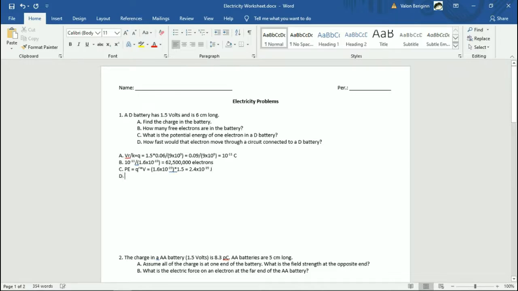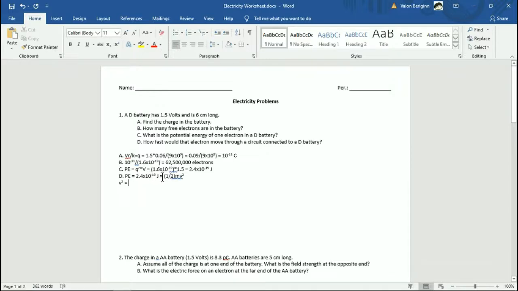And D, how fast does the electron move through a circuit? We have this potential energy, and that is going to be equal to kinetic energy. So V squared, we're going to multiply by 2 to get rid of the 1/2.